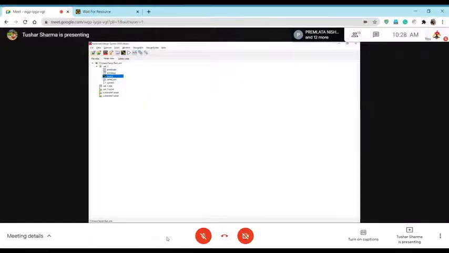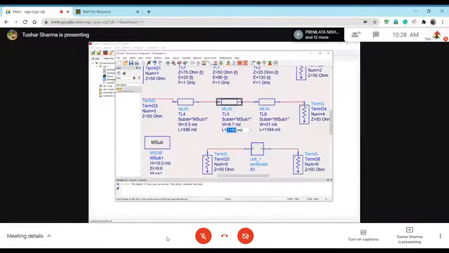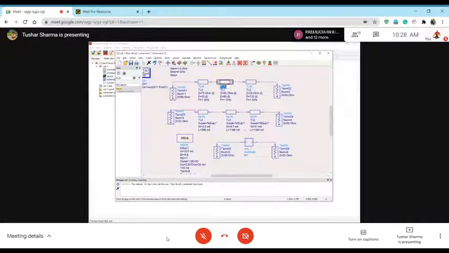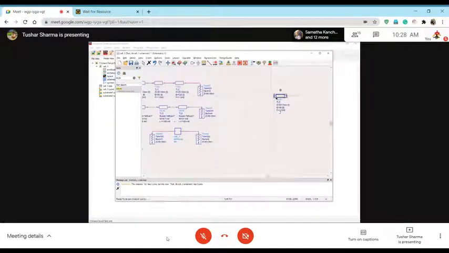But if I ask you to design a lambda by 4 transformer to convert 100 ohms to 25 ohms, you know, if we use this 50 ohms, we can transform 100 ohms to 25 ohms.